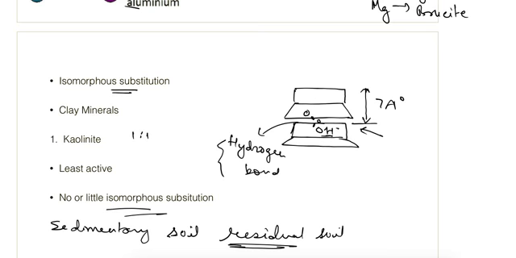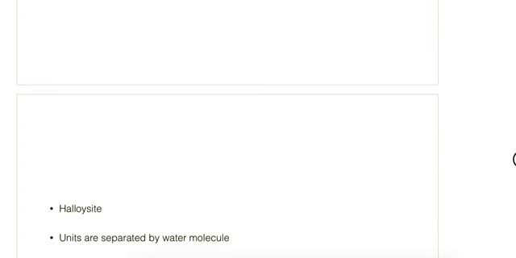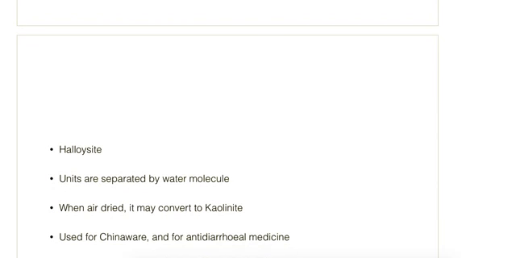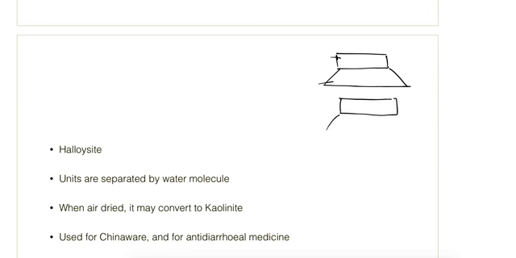So that's it for this. Next is the halloysite mineral. It is similar to kaolinite, and it is also a 1:1 mineral. This is the gibbsite sheet and this is the silica sheet, but in the space between these two sheets there is water, so the bond is not as strong.